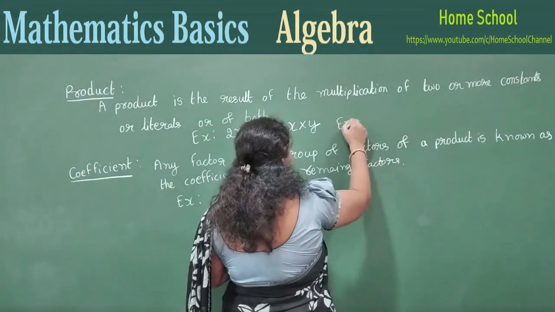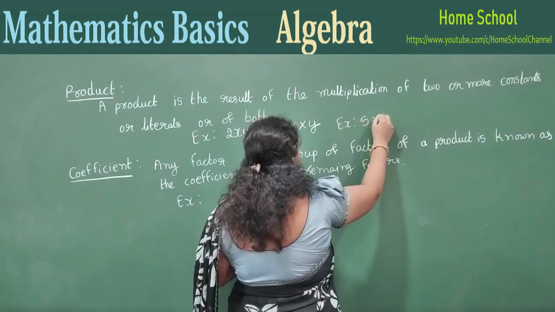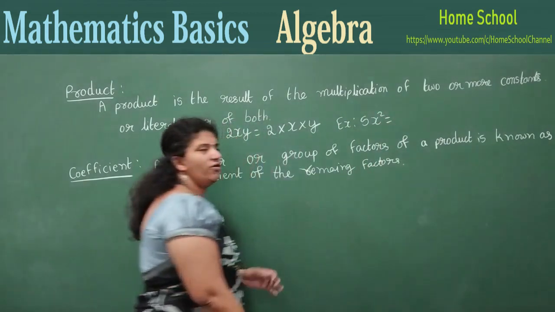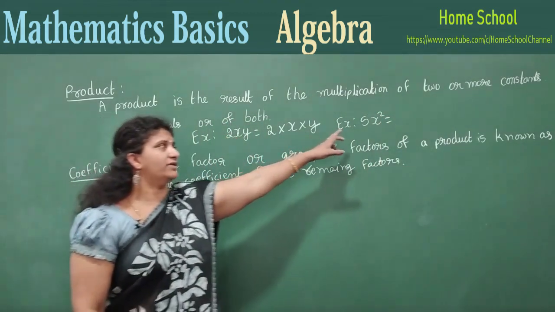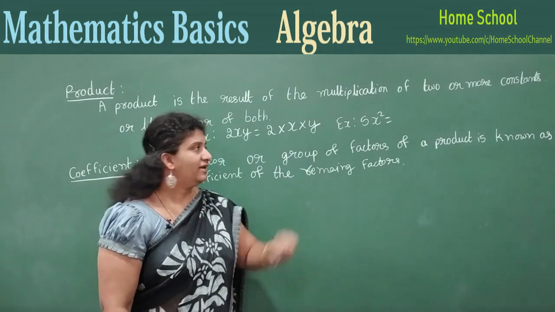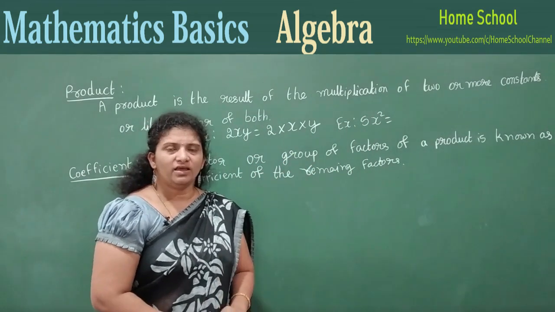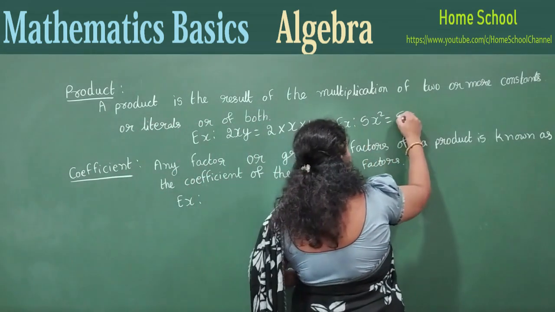Let's take one more example here. 5x square. How do you get this, children? 5 is a constant. X square. How do you get this answer?